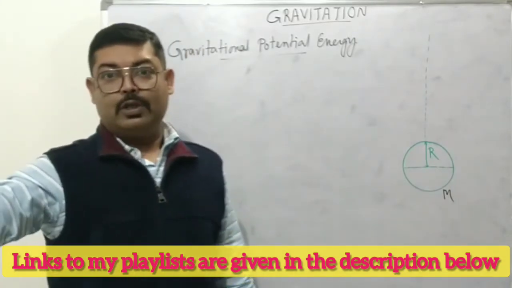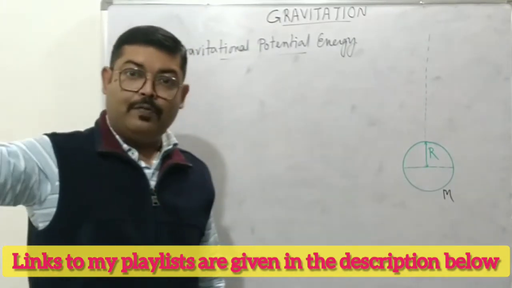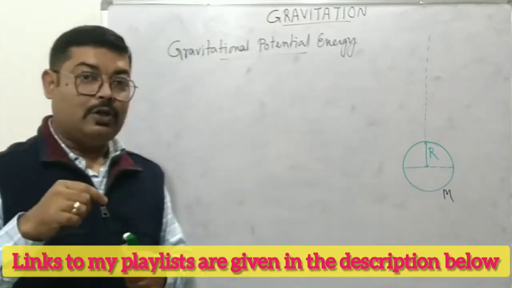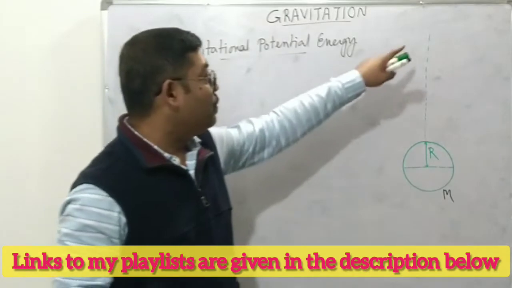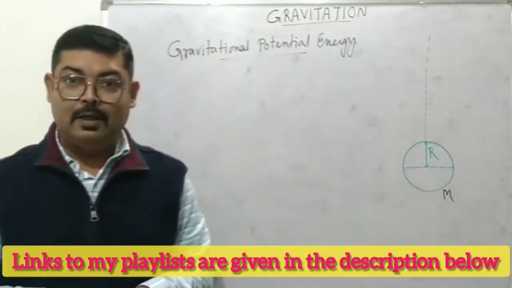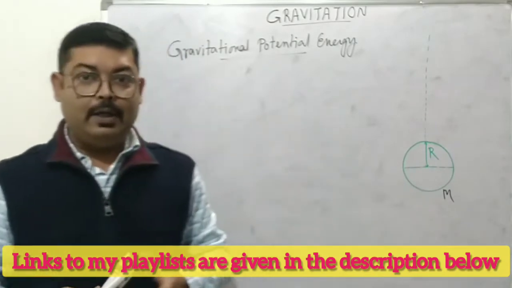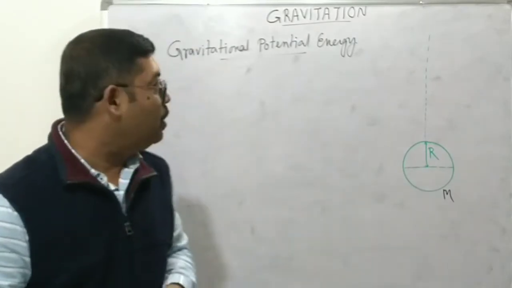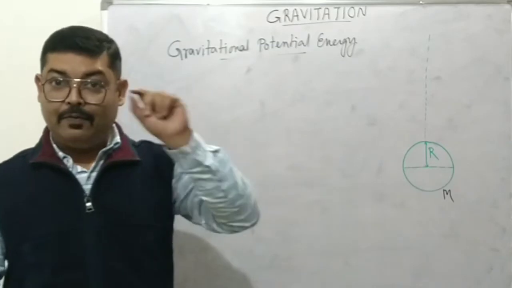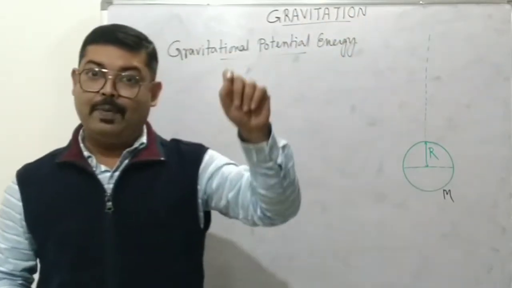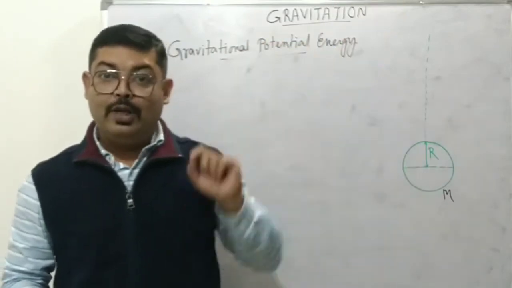So we had to do a certain amount of work in bringing the object from infinity. That work done, from the work energy theorem, got converted and stored as the potential energy of the object. So the gravitational potential energy can alternately be defined as the work done in bringing the given mass, whose potential energy is measured, from infinite distance without any acceleration.